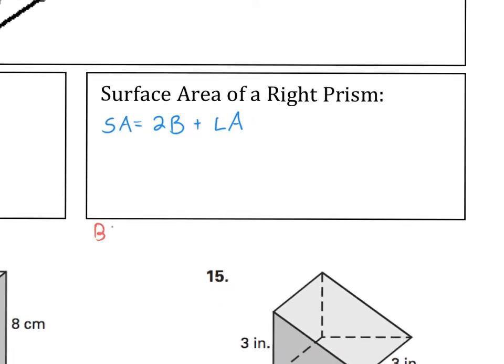B is area of base. And of course, this could change. If the base is a rectangle, you use one formula. If the base is a hexagon, then you're going to have to use a different formula. And then lastly, what does LA mean? LA, of course, means the lateral area.